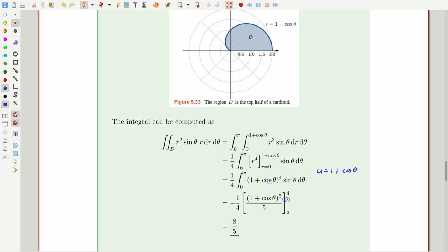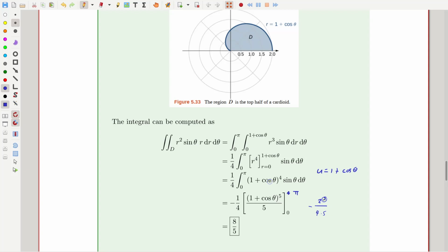I believe that's a typo. Yep, that's a typo. So you evaluate that from 0 to pi. Plugging in at pi gives you -1, and so that gives you 0. Plugging in at 0 should give you 2. So you get 2 to the 5th over 4 times 5 with a negative.